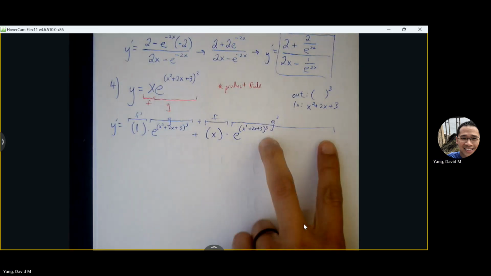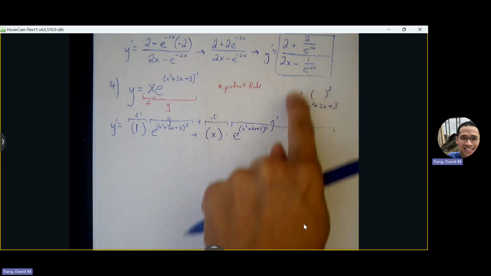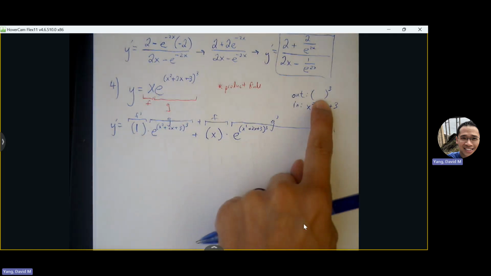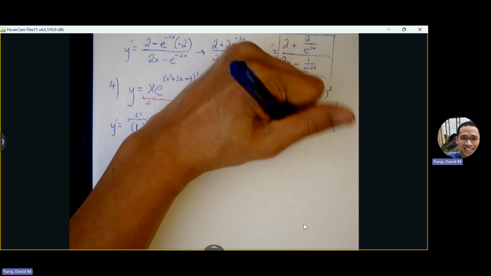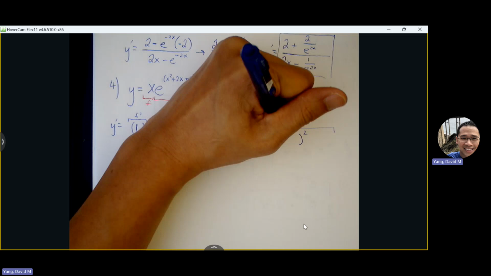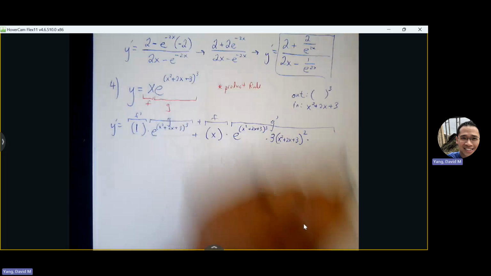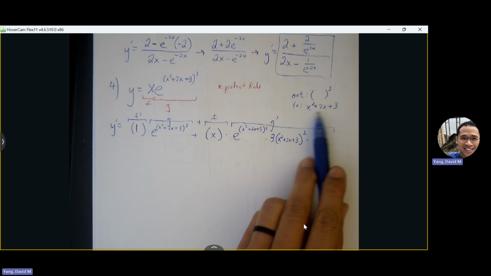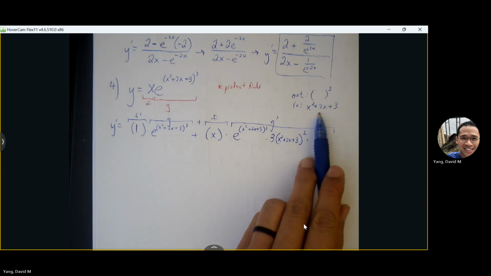So for this space, we're going to take the derivative of this expression. So outside derivative first, 3 parentheses squared, keep the inside intact, times the inside derivative, which is what? 2x plus 2.